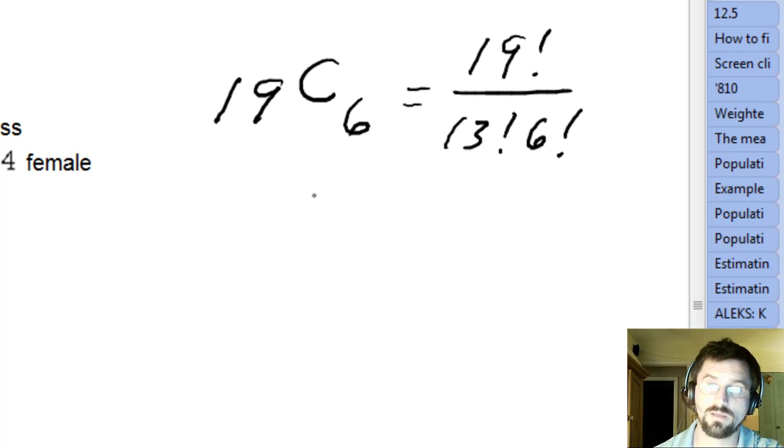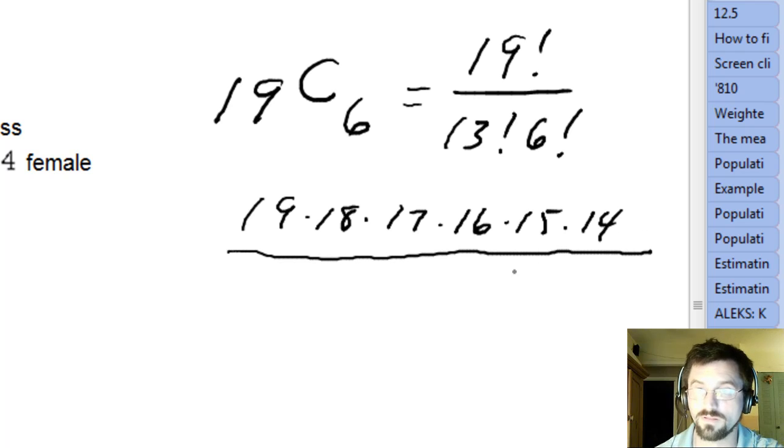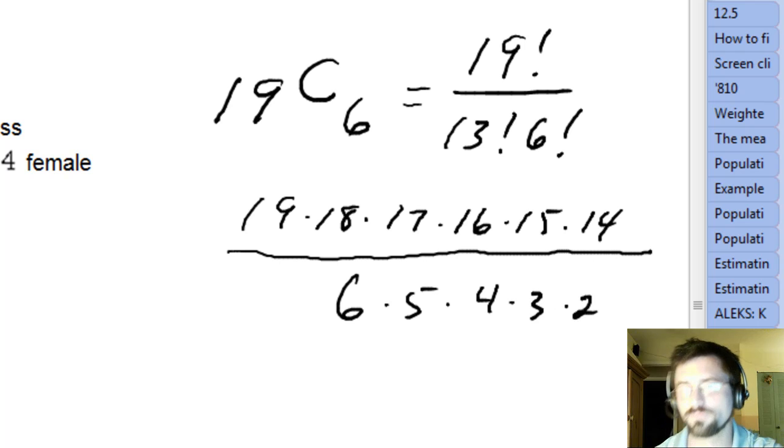So that's going to be 19 times 18 times 17 times 16 times 15 times 14. The 13 factorial that would come after that will cancel with the 13 factorial on the bottom. And so then we have 6 times 5 times 4 times 3 times 2.